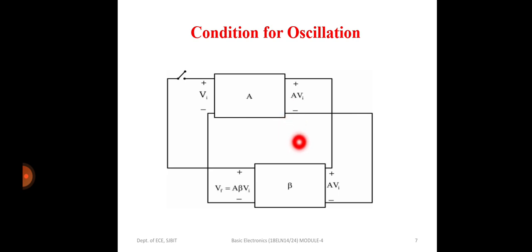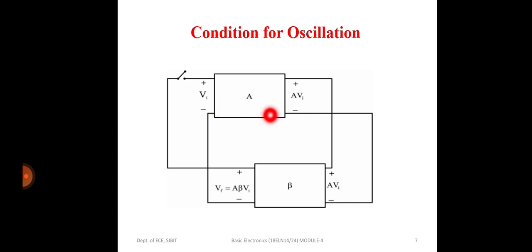If this is so, then we can say our feedback voltage Vf can be connected directly to the input. So this is our Vf, which is connected directly to the input of the amplifier by removing the input signal V in. By removing the input signal V in, the amplifier will continue to generate the output signal V naught.